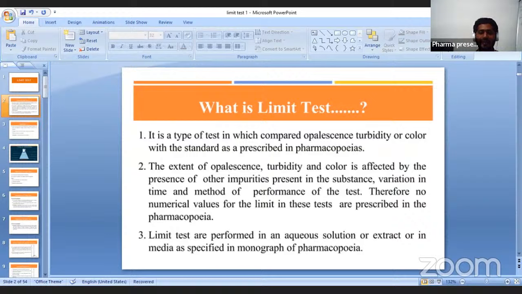Then the evolved arsine gas ascends upwards and reacts at the junction of the two tubes where the mercuric chloride paper is present, staining it yellow. The depth of the stain depends on the quantity of arsine gas, which is produced based on how much arsenic is present in the sample.